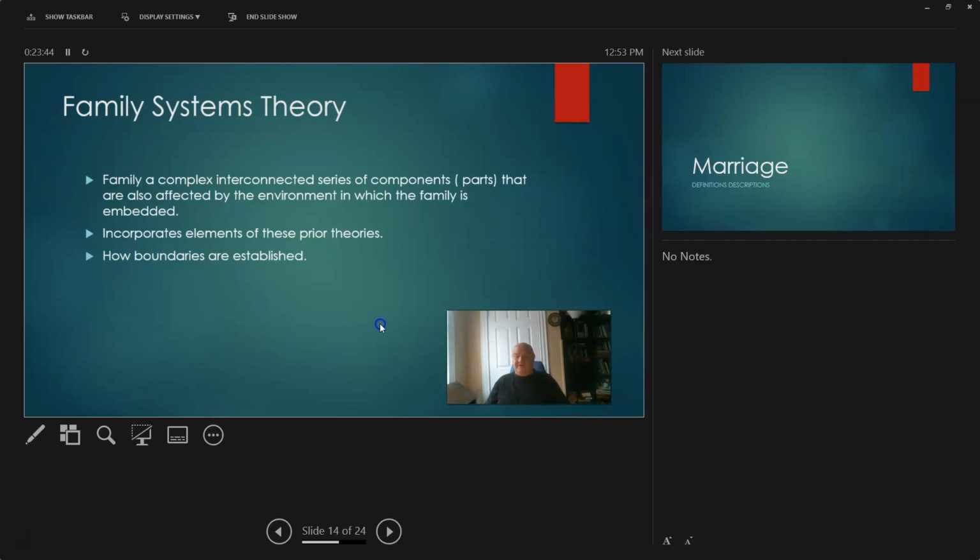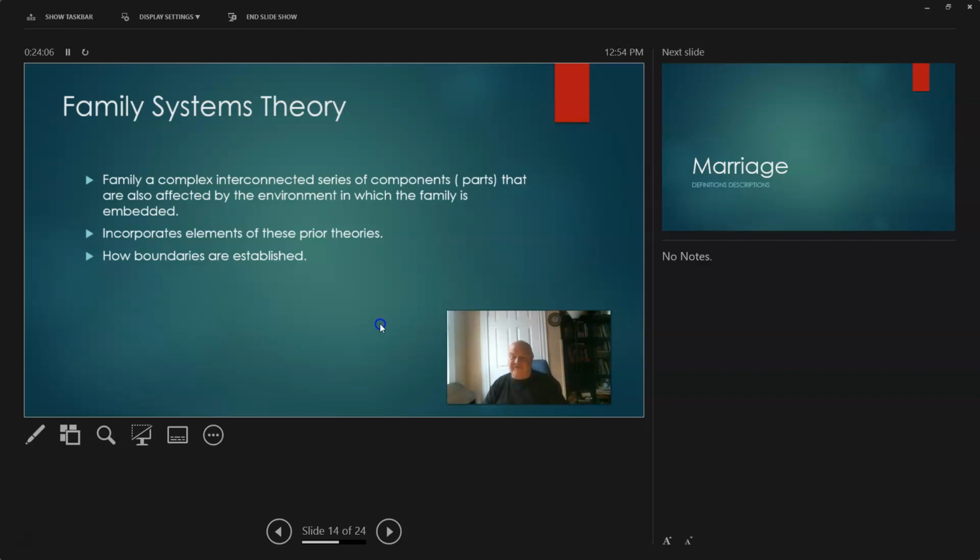So, family systems theory in our analysis of the family meets this need nicely. It incorporates elements of all of these prior theories and it acknowledges the possibility for any one of those particular theories to explain some component of a family.